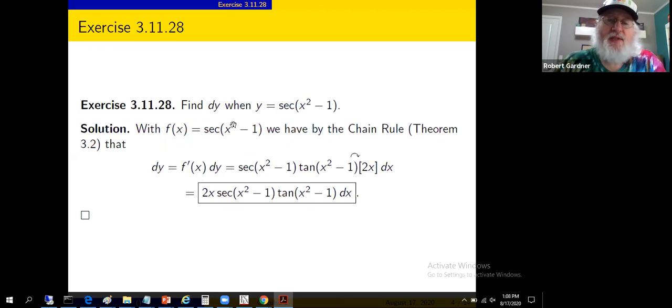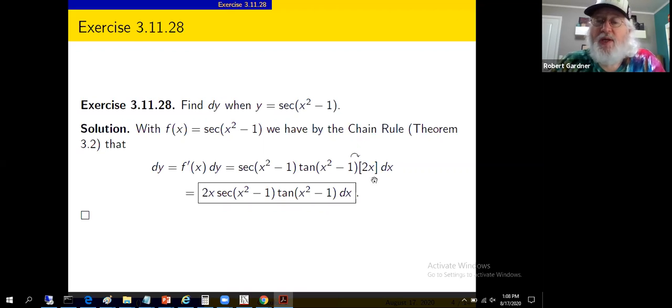We differentiate the secant of x squared minus 1. That's a composition, so we'll need the chain rule. See? Derivative of secant is secant tangent. Secant tangent of what? The stuff inside, x squared minus 1. So we pick that up inside both of those as always. And then the chain rule says you have to multiply by the derivative of x squared minus 1, which is 2x.